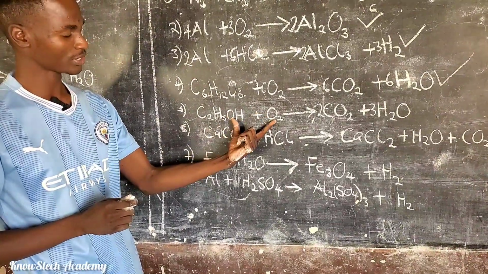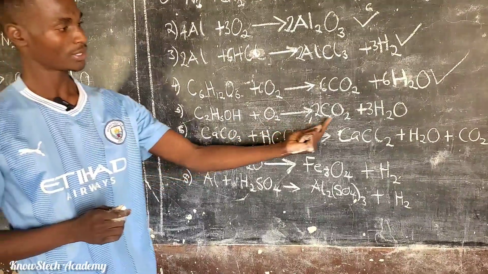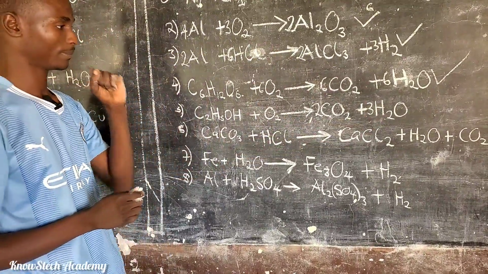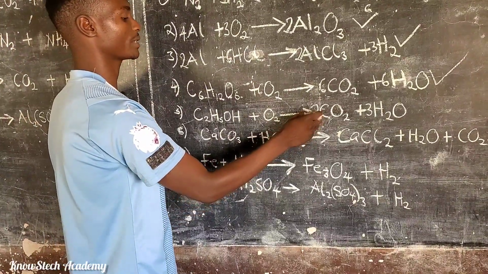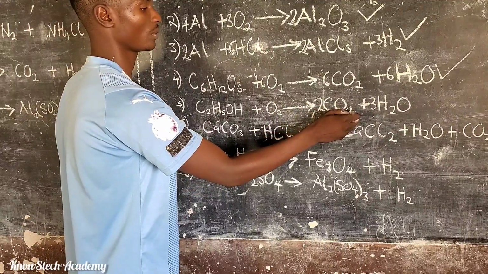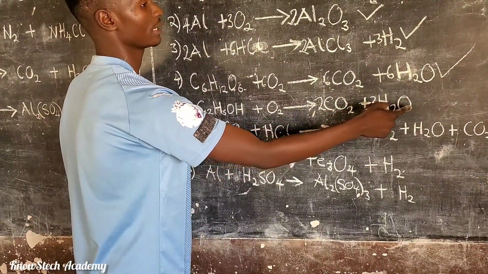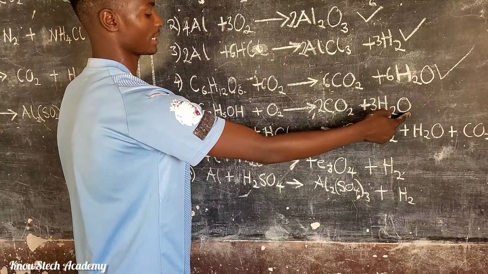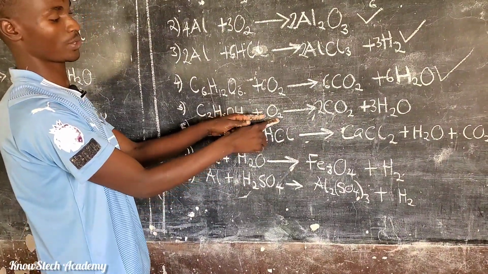How many atoms of oxygen do we have on the reactant side? 3. How about here? 3 also. Bear in mind the coefficient. So we have 2 times 2, 4 plus 3, 7. So we have 7 this side. Then this side we have a 2 here.